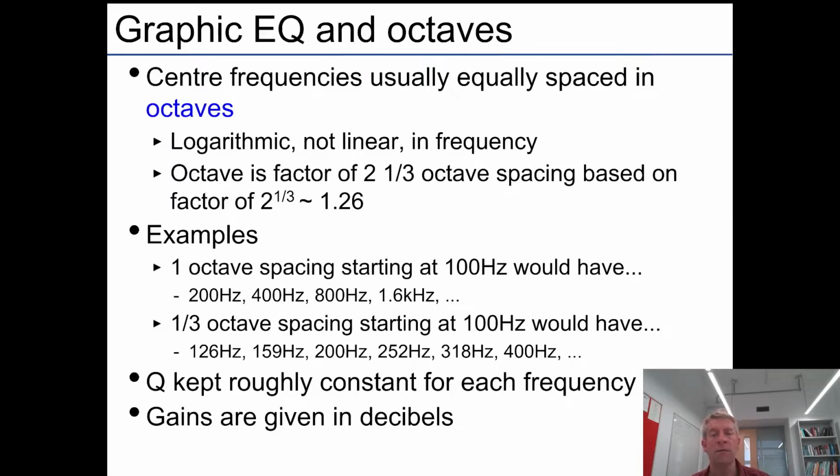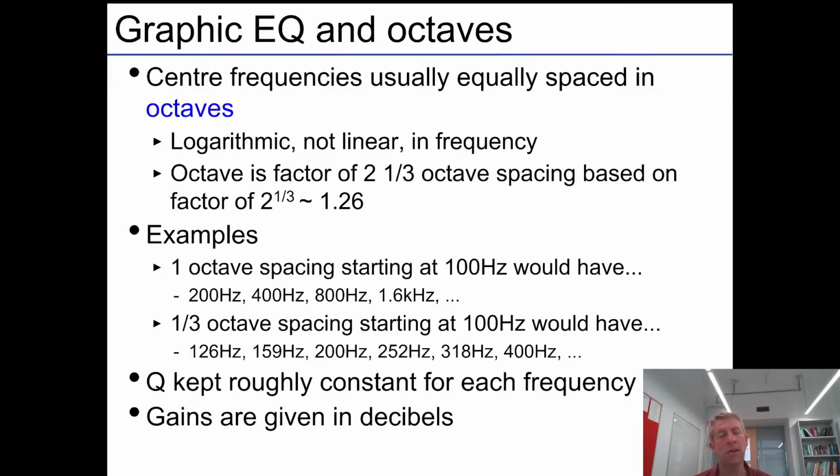An octave is just a factor of 2. So 1 octave more than 1,000 will give 2,000, the next octave up will give 4,000, and so on. 1/3 octave spacing, another option, is spacing based not on 2, but 2 to the power of 1/3. So that if you multiply 2 to the 1/3 times 2 to the 1/3 times 2 to the 1/3, then you get a factor of 2.